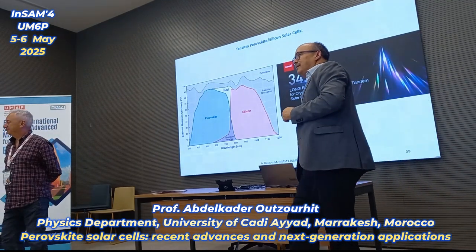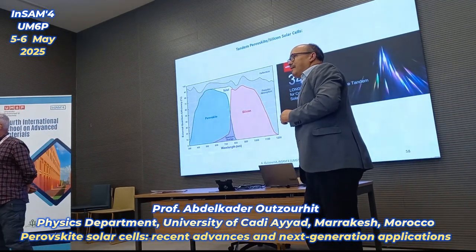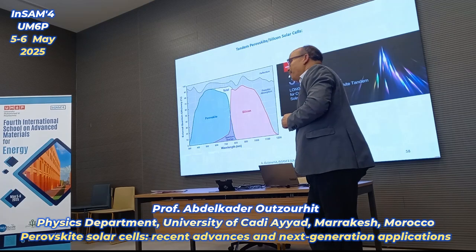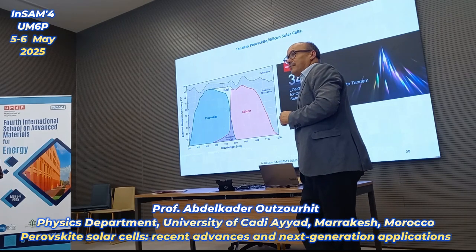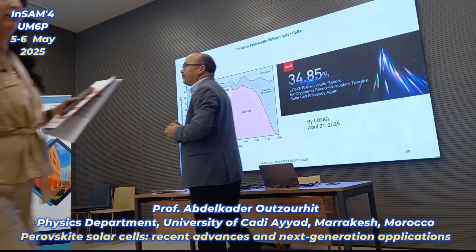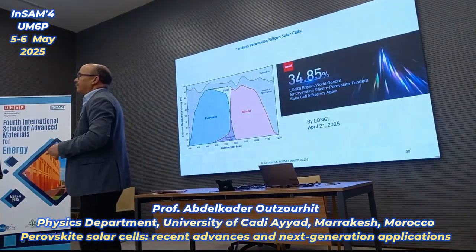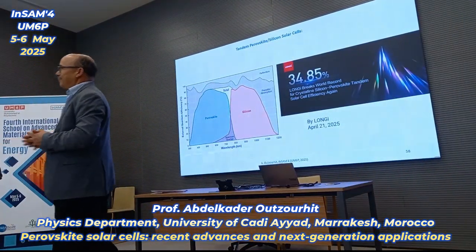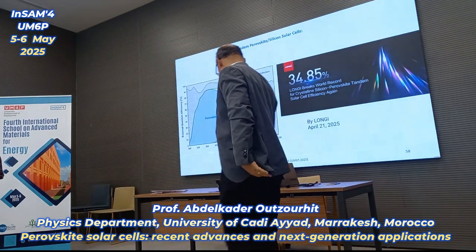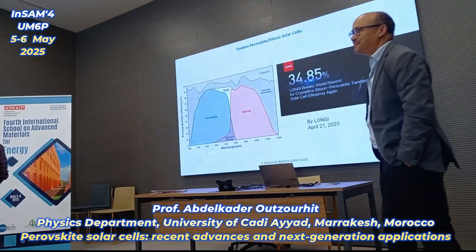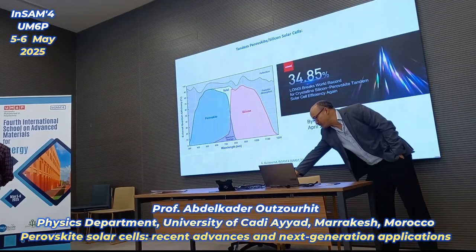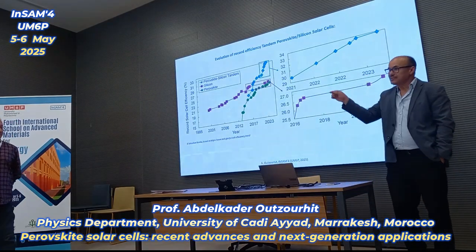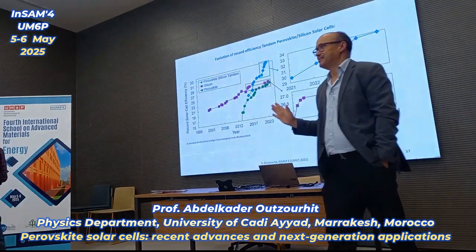My question is very short. For all the cell efficiencies you mentioned, for the perovskite cell, what's the cell area? Because most of the time I see people mention the contact area, but that's not the true efficiency of the cell. All the efficiencies reported in the NREL table are for 1 square centimeter.